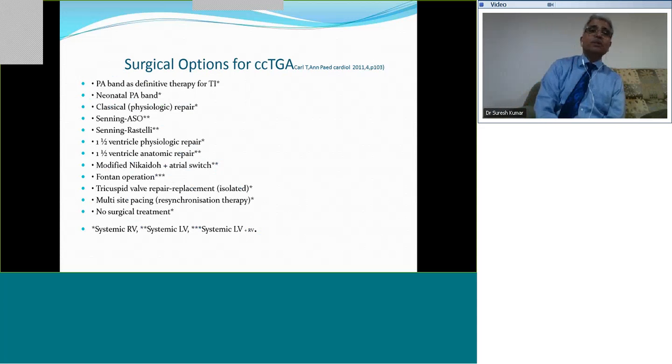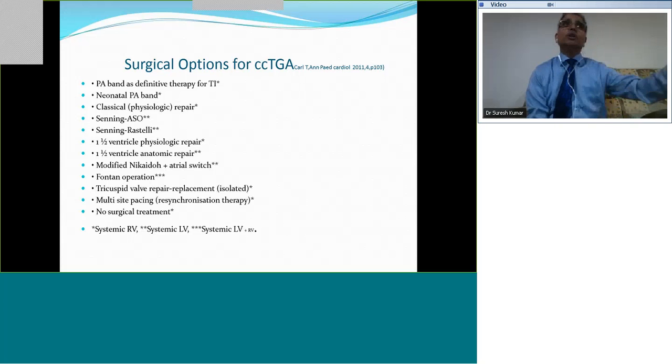So the surgical options, summarized by Tom Carl: you could do a pulmonary artery band as definitive therapy for tricuspid regurgitation, or you could do it in the neonate. I'll come to this in the next slide. So a PA band is one of the surgical options for a CTGA. You could do a classical or physiologic repair. You're closing a VSD, you're not bothering about the segmental anatomy.